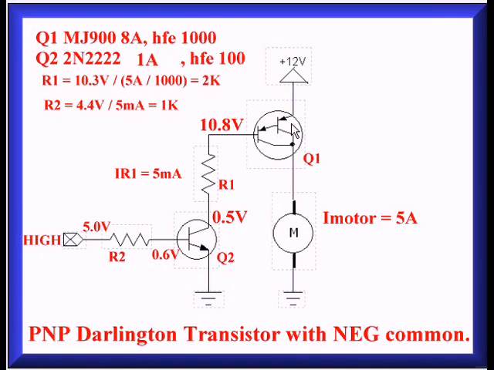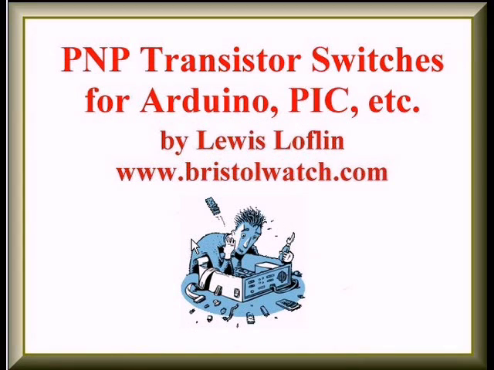Once again, the Q1 up here is in the source configuration, Q2 is in the sink configuration. All of this will make a lot more sense as we move through this series and look at H-bridge motor controls. And we'll also be looking at MOSFET switching circuits.